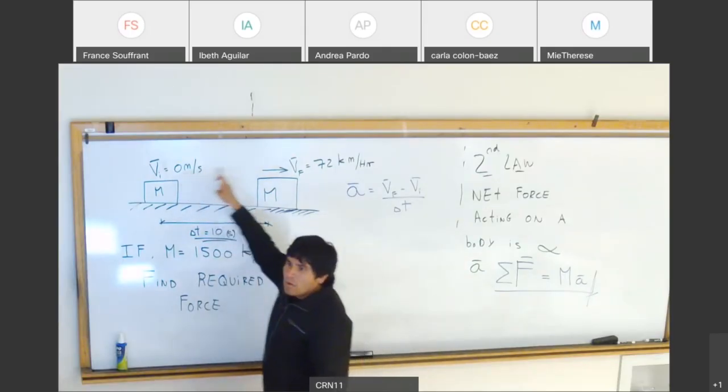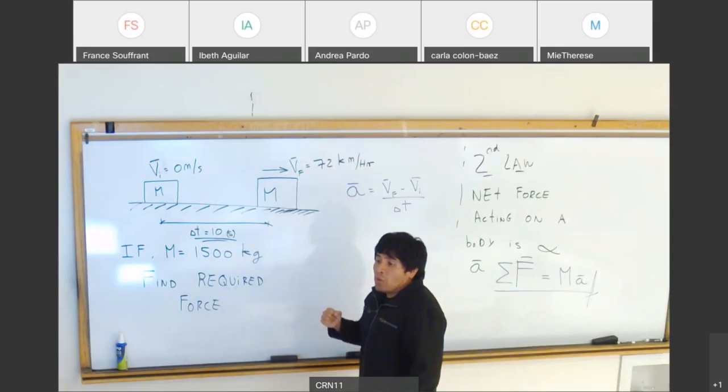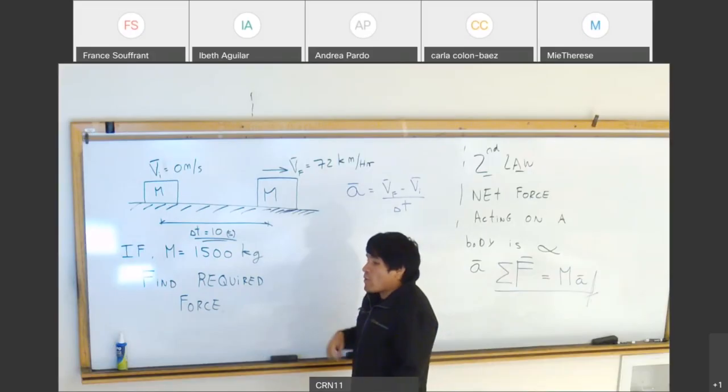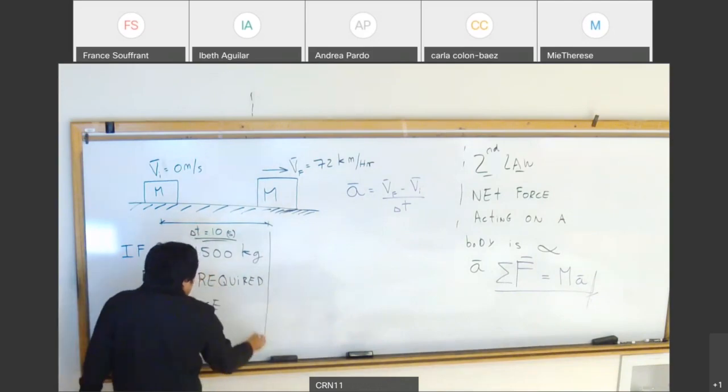Initially 0, final though, we have to be careful with the units because the units have to be all in meters and seconds. That's in kilometers per hour, so we have to change it. If you remember, I gave you the way to change kilometers per hour to meters per second.